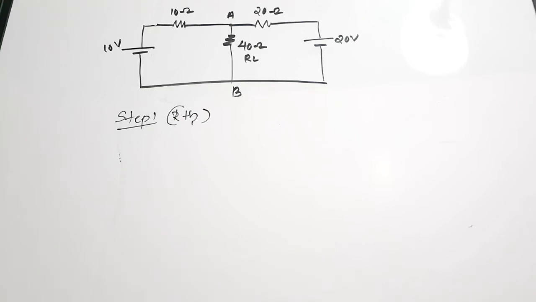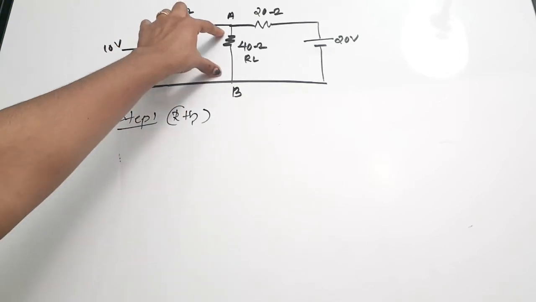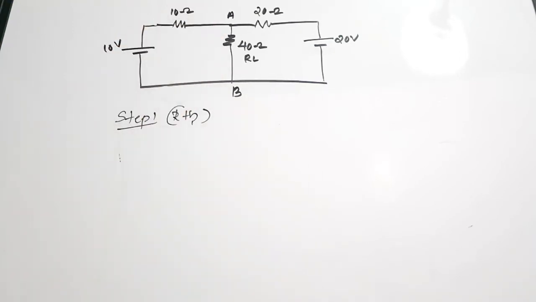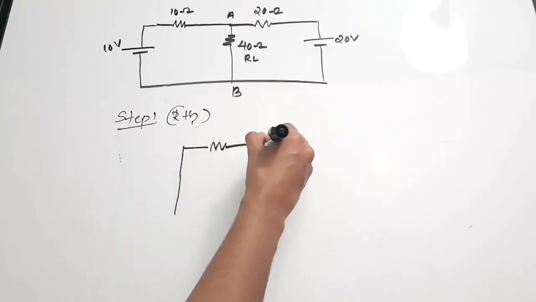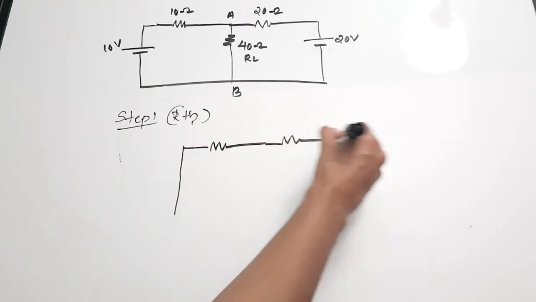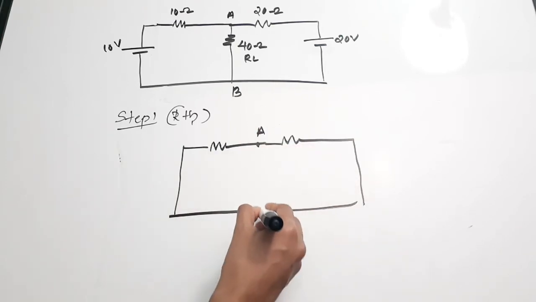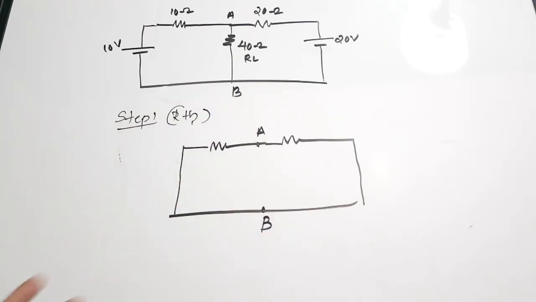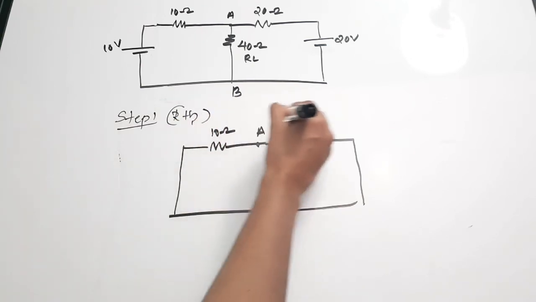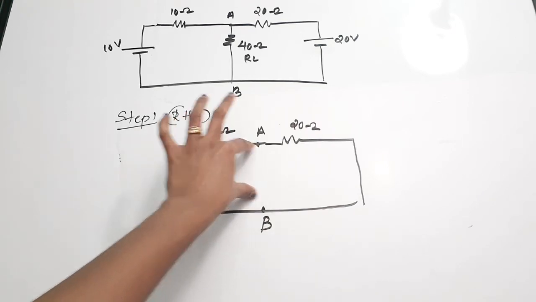While finding the equivalent resistance, you remove all the sources and create short circuits, and also you create an open circuit by removing the load, just like we have done in the previous question. There is a resistance here which we will keep intact, and A, B is the point where we have created an open circuit. There is a 10 ohm here, there is a 20 ohm here. Now we are going to look from this point.